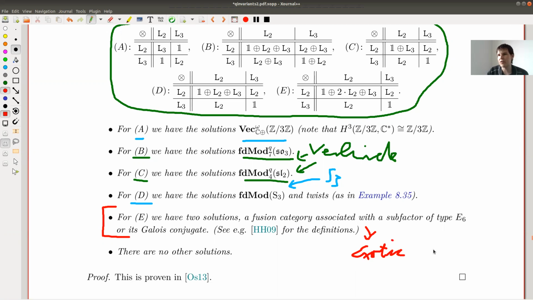It's a certain subfactor of type E6. Doesn't matter so much what it really is. The point is, this is how usually those classifications look like. You have group graded things, you have reps of groups, and you have Verlinde, and you might have a certain number of exotic examples.